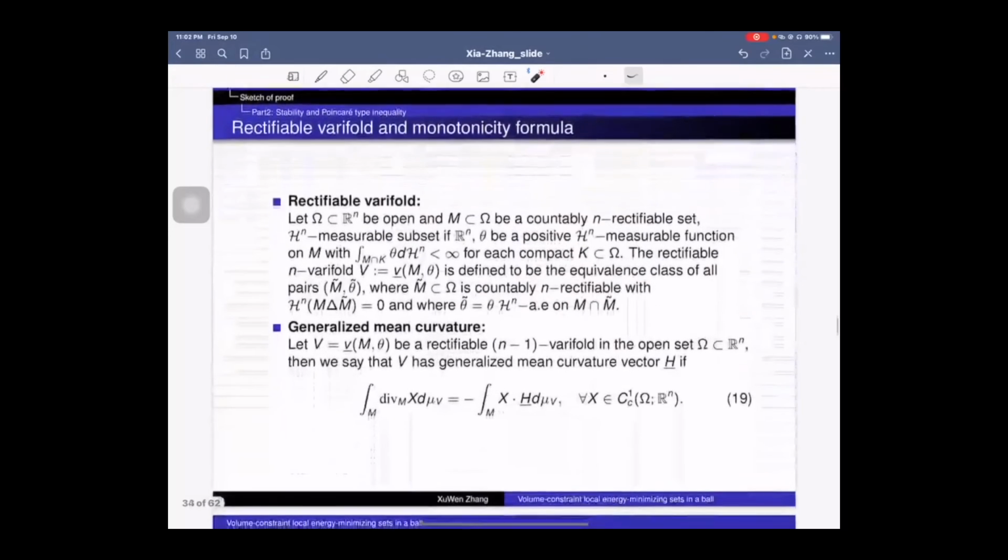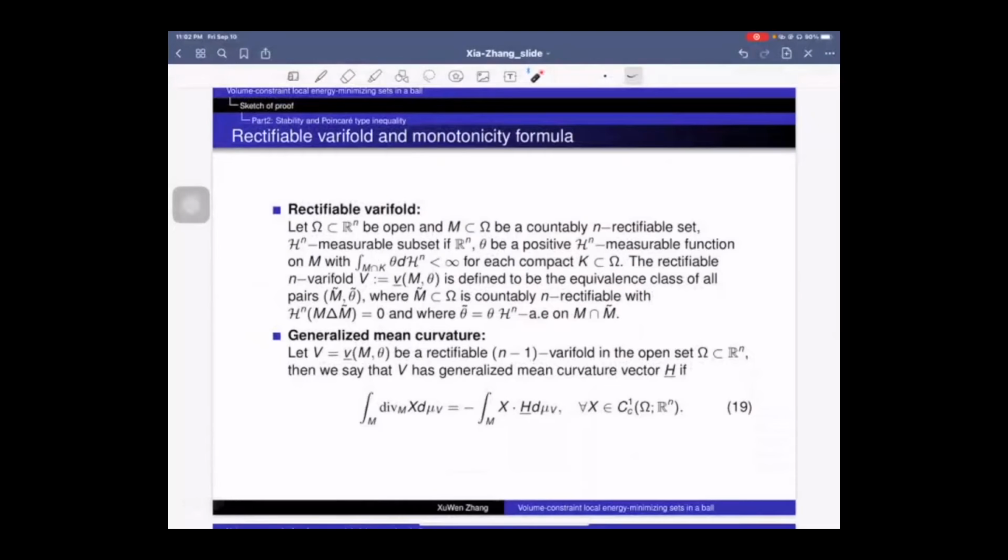And let's recall some definitions. First, we recall the rectifiable varifold. We consider an open set omega in the Euclidean space Rn, and a rectifiable varifold V is defined to be the equivalence class of all pairs, where M is taken to be a rectifiable set, and theta is the multiplicity function, which is a positive and H^m measurable function, with this integral finite.